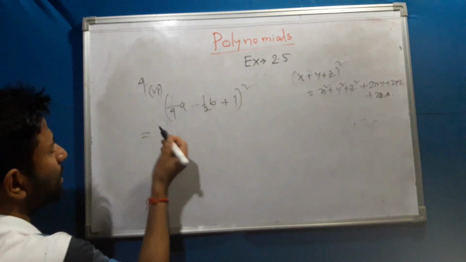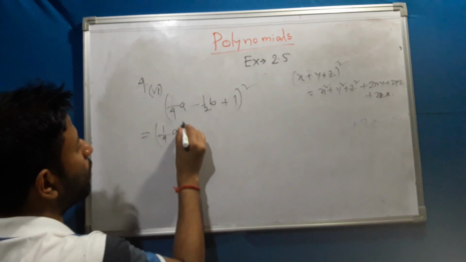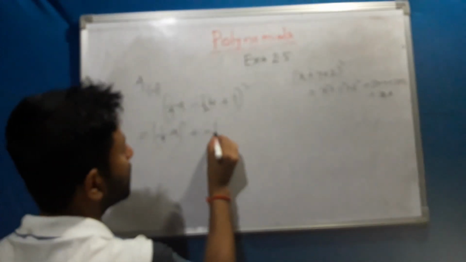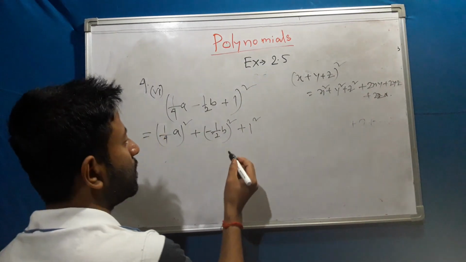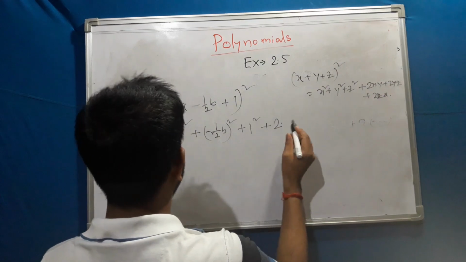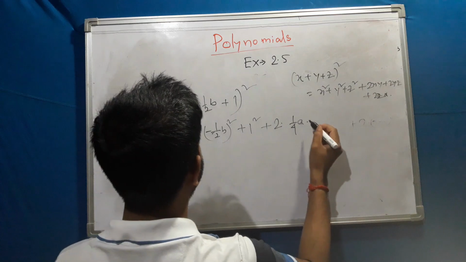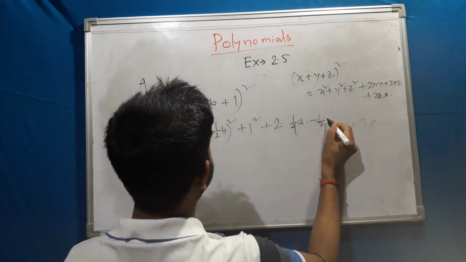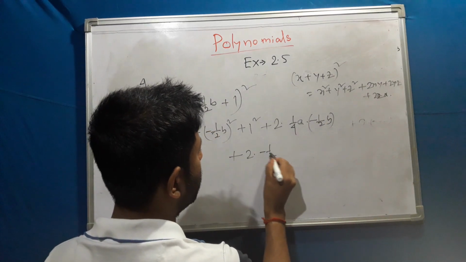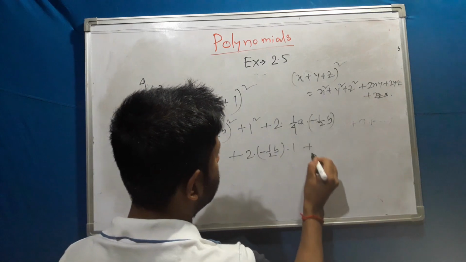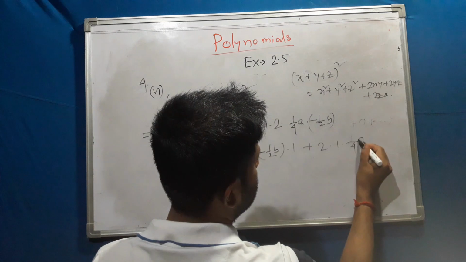So this is exactly the same manner. (1 by 4 a) whole square plus (minus half b) whole square plus 1 square, plus 2 into 1 by 4 a into b, b means minus half into b, plus 2 into minus half b into 1, plus 2 into 1 into 1 by 4 a. Okay.